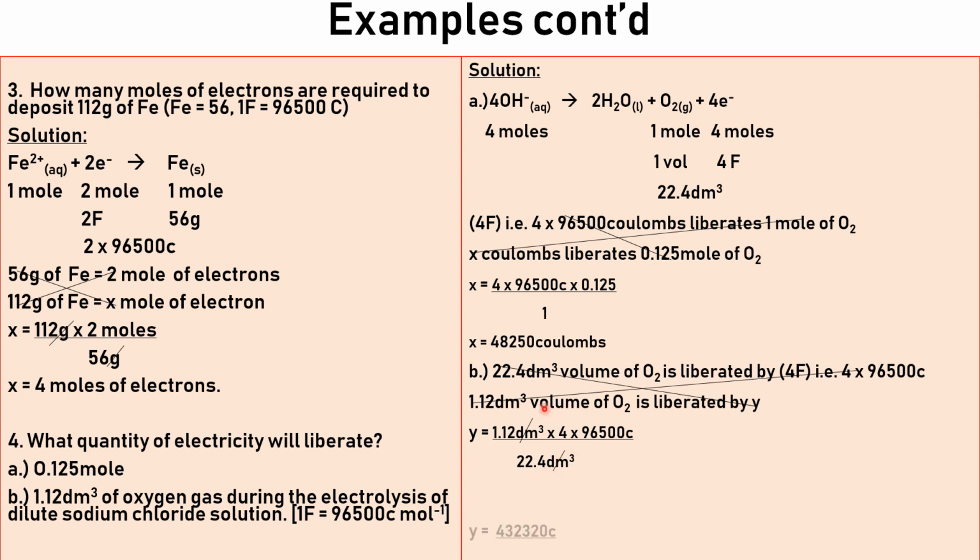So dm cube will cancel dm cube, and then your numerator, 1.12 times 4 times 96,500, is going to give you 432,320 divided by 22.4, and that is going to give you 19,300 coulombs.